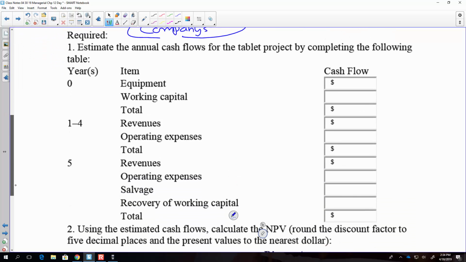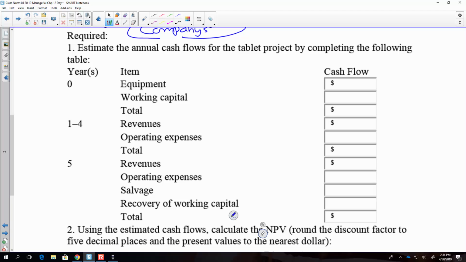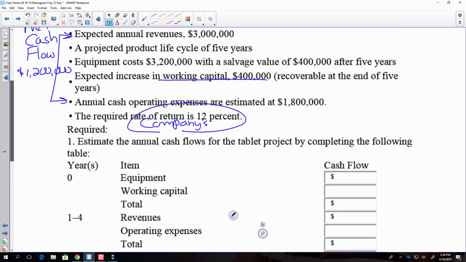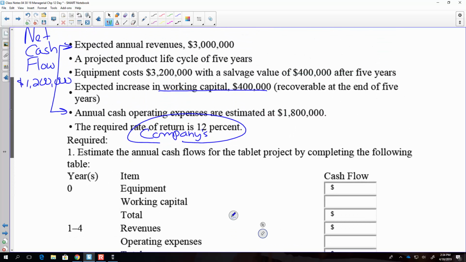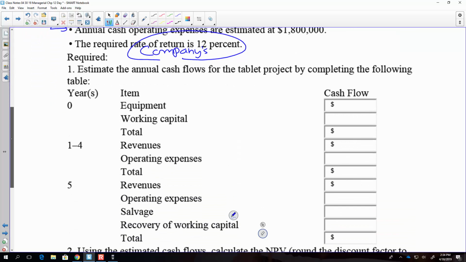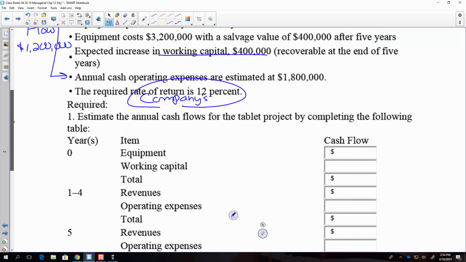So the problem is laid out where they want the cash flow first by period. So here we're looking at the equipment costing $3.2 million. Working capital costing $400,000.